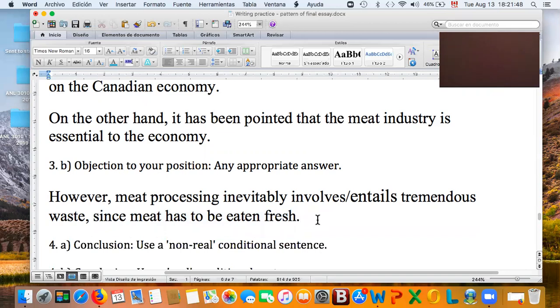When I spoke with this writer, she agreed that there are other ways that you could answer this objection, and the other students also had their answers. I can mention just one for now. Well, the meat industry is essential to the economy, and if you're asking me, what will we do if we throw out the meat industry or convert it?